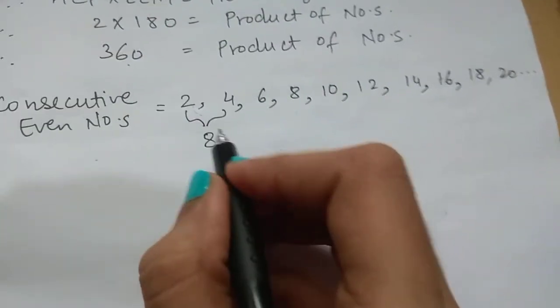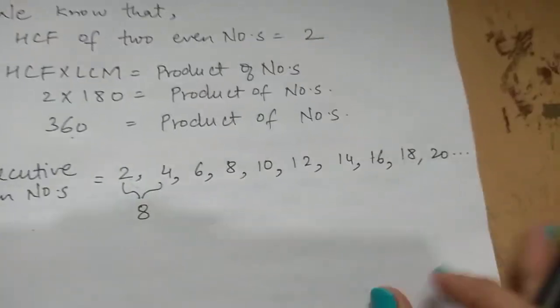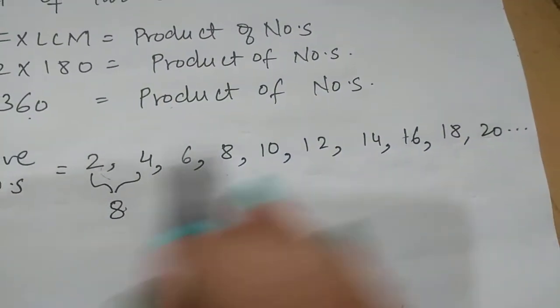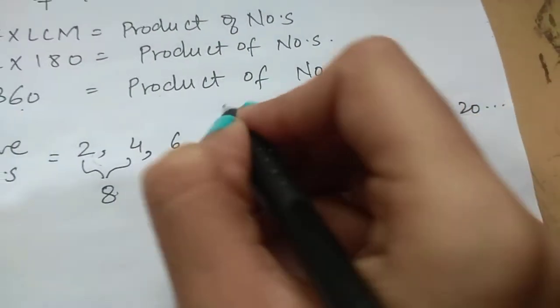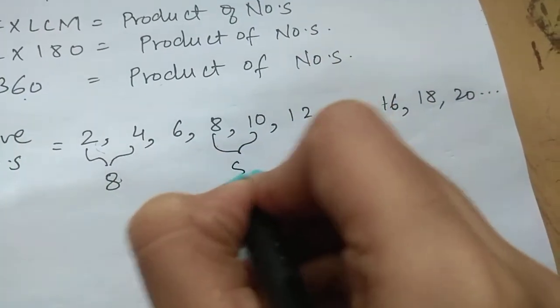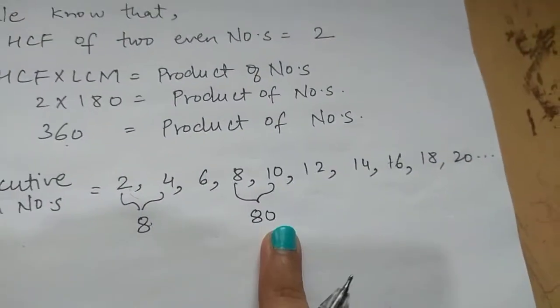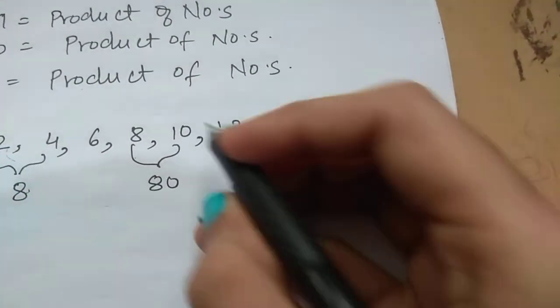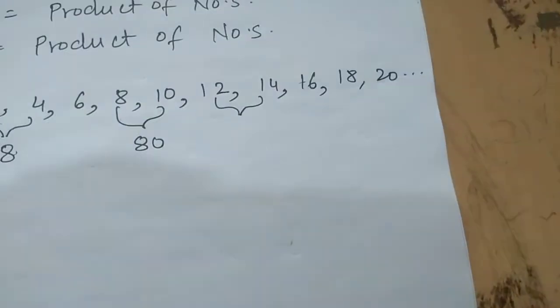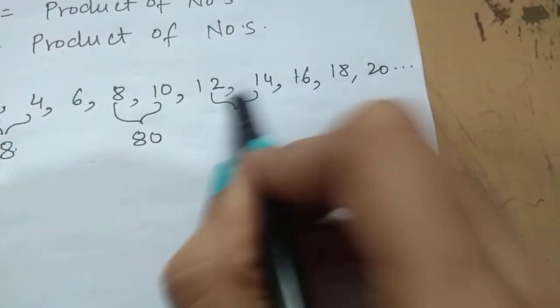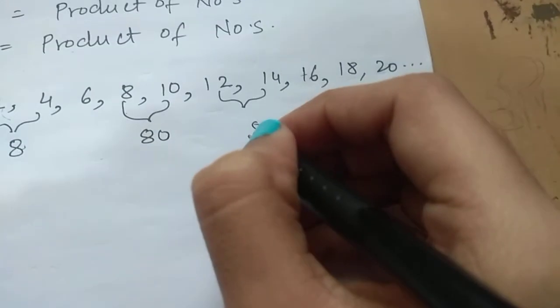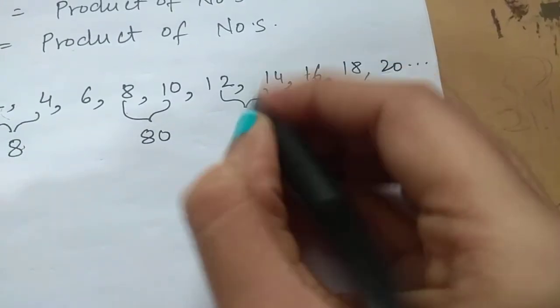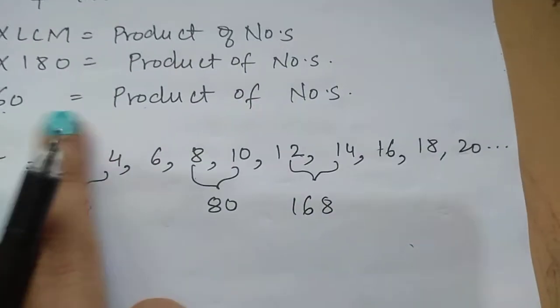So this is not the number. 2 and 4 is not our answer. Let's move ahead. 8 is very small, so I will move ahead with 8 and 10. So 8 and 10 is 80. Again, it is not 360, so let's move ahead. Again, 80 is very small, so I'm checking with 12 and 14. So 12 multiplied by 14, what will be the product? Let's see, 12 4s are 48, 12 1s are 12 and 4, 168. Again, that is less.